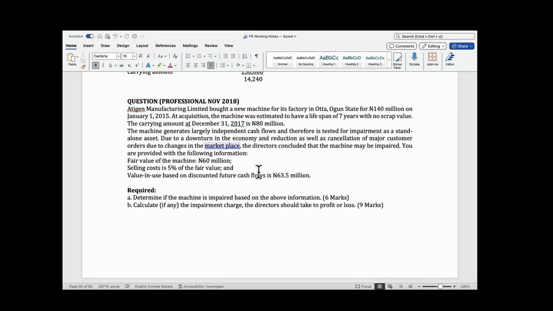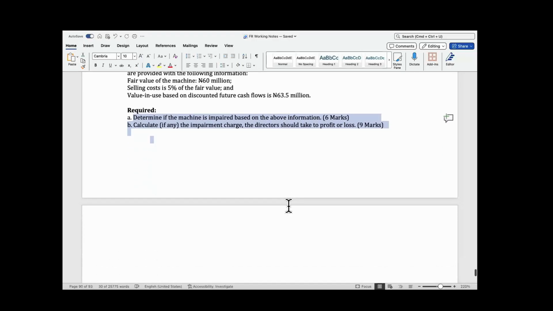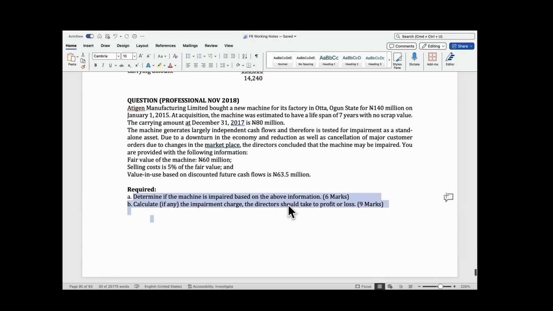So the first one asks us to determine if the machine is impaired. The second has to calculate the impairment that will be taken to profit or loss. So this first one, I don't know what the examiner was thinking, asking this type of question that looks so similar. Perhaps they're even the same thing, really.